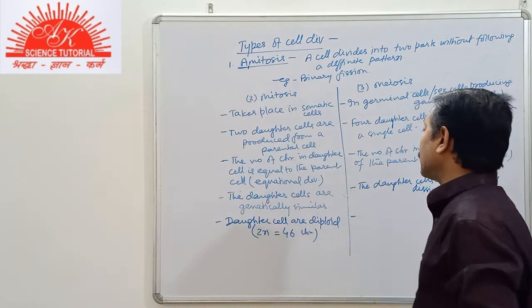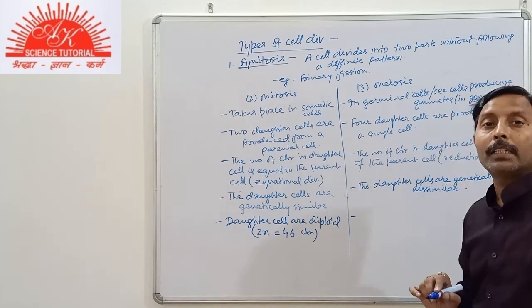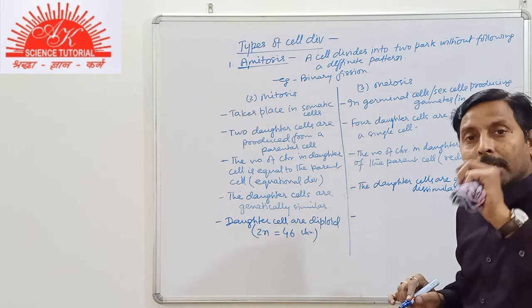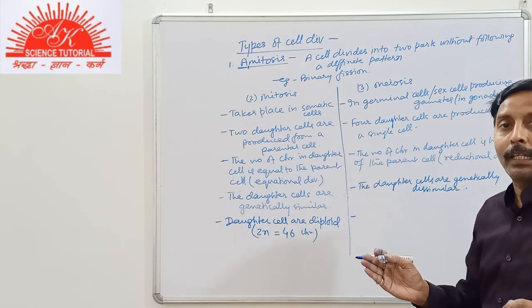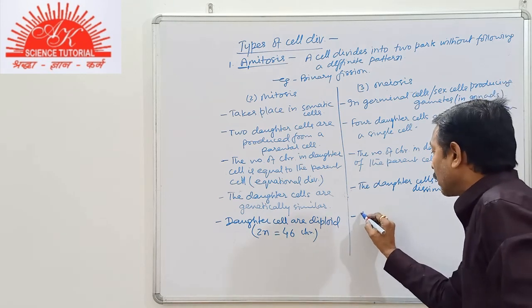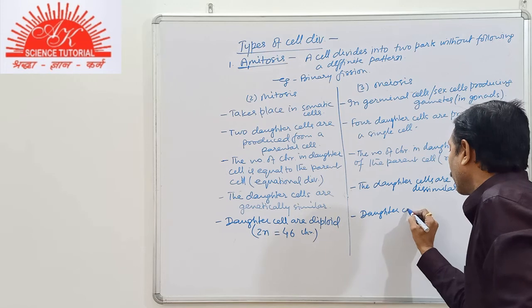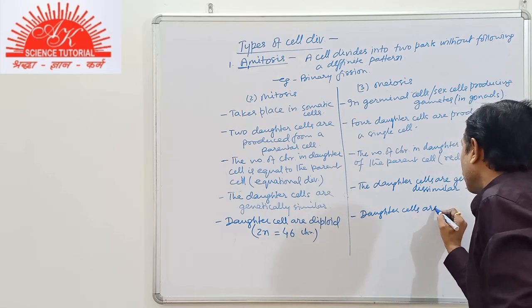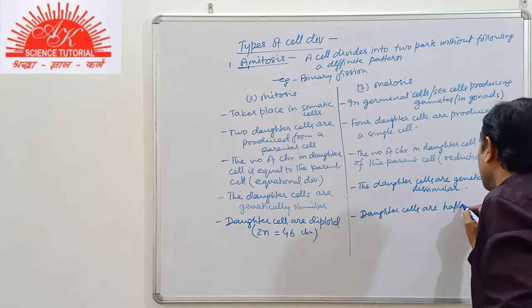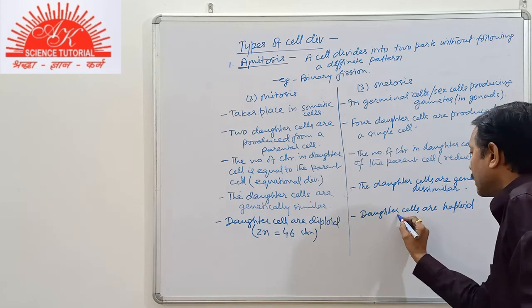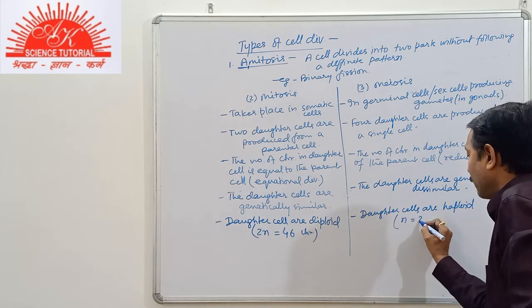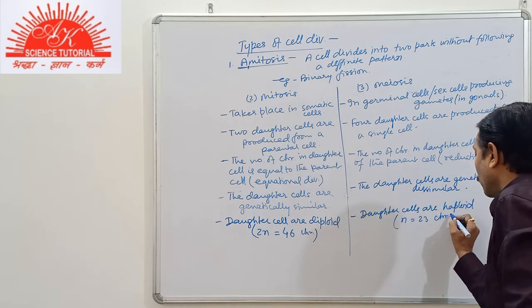But in this case, since this is a reduction division, the number of chromosomes is reduced to half of the parent cell. That is, daughter cells are haploid. It is written as N and having 23 chromosomes only.